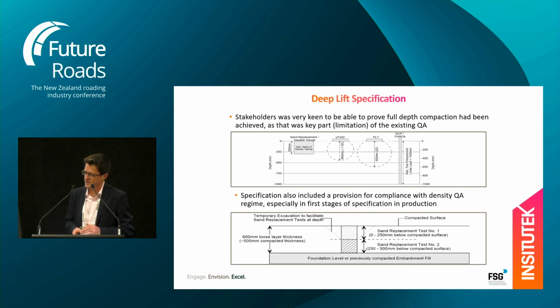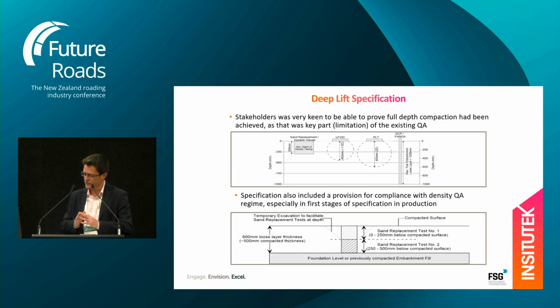This is some of the different methods that were assessed, and their different depths of footprint. So we've got the NDM on the left-hand side, also sand replacement, about 300 mil, lightweight deflectometer, zone of influence about 450, plate load test about 600 mil, zone of influence can be deeper, and then another tool called the Panda, which I introduced right at the beginning, which is a penetration test.